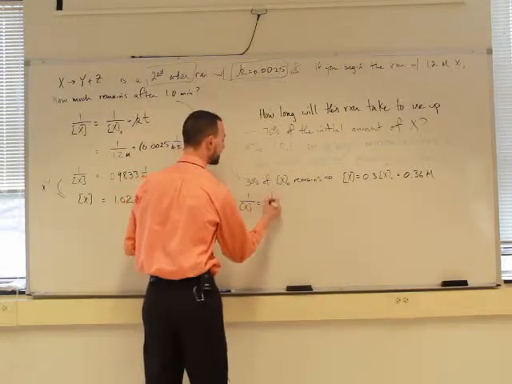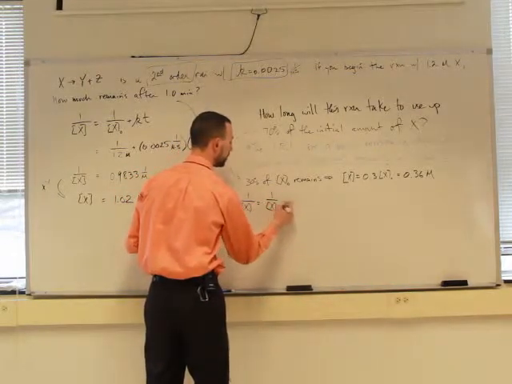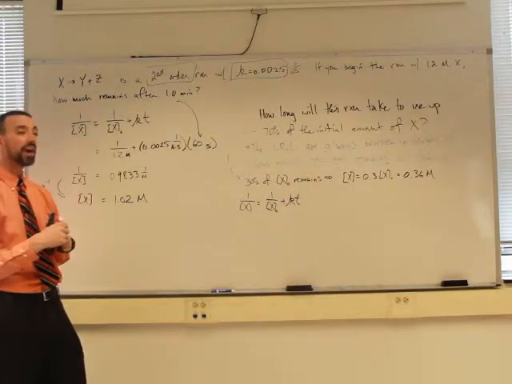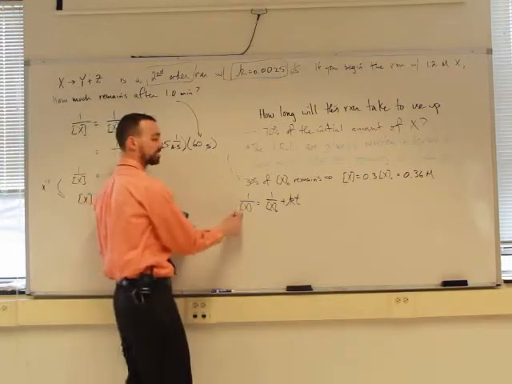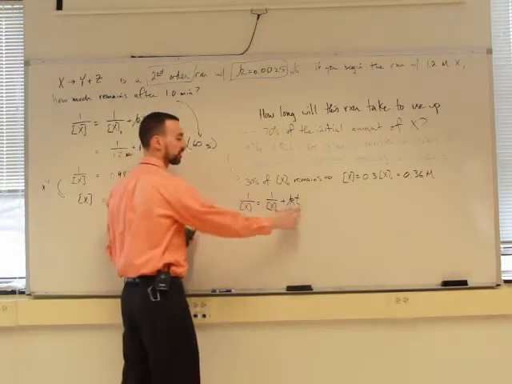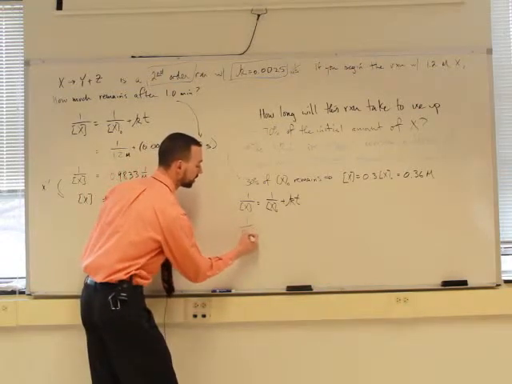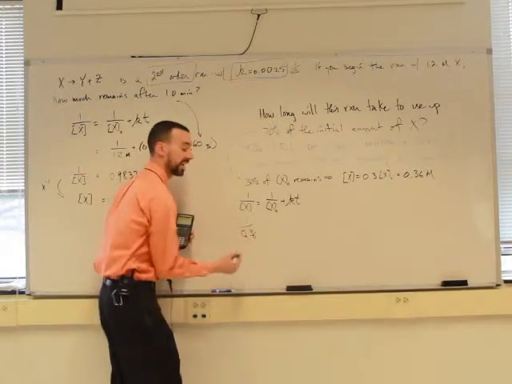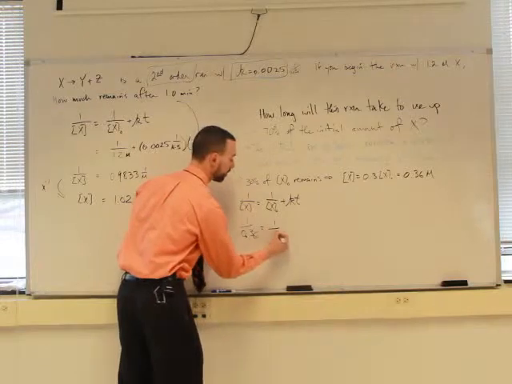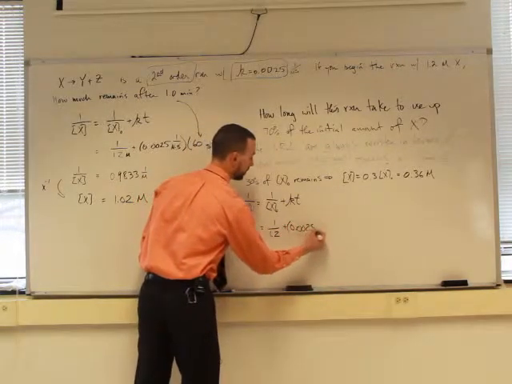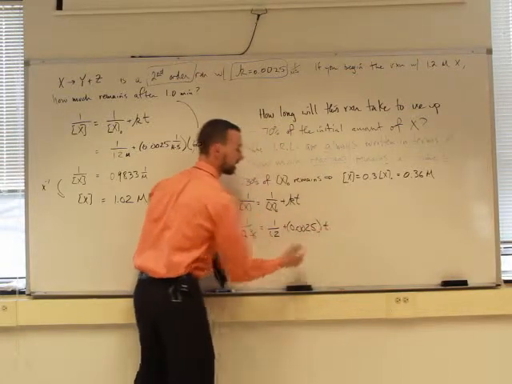So I'm going to use the exact same rate law that I had before, but now I'm not solving for the X. I know it. I'm solving for the time. So 1 over the 0.36, because that's how much I have, equals 1 over the 1.2 plus 0.0025 times the t.